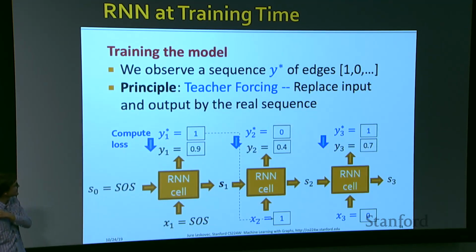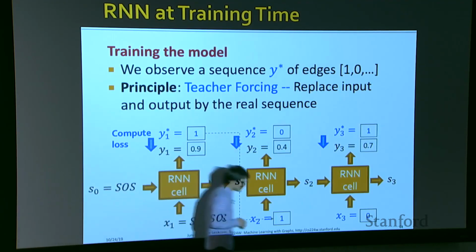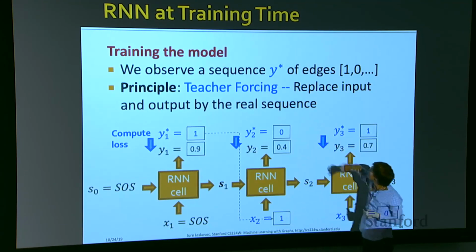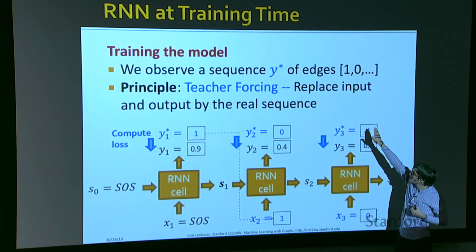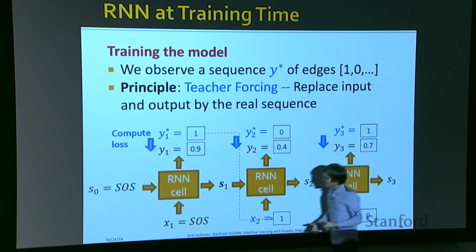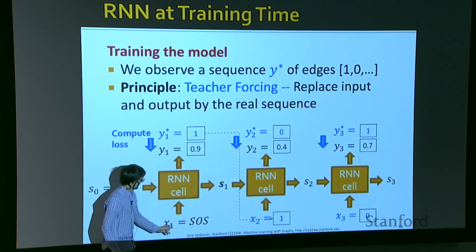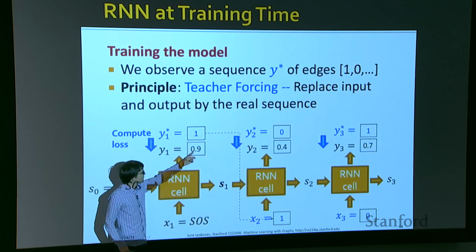And what is teacher forcing? I feel a bit strange talking about teacher forcing, but teacher forcing is that you replace the output and the input with a real sequence. So essentially, you initialize your sequence, you start, you get the probability, but you don't flip the coin.